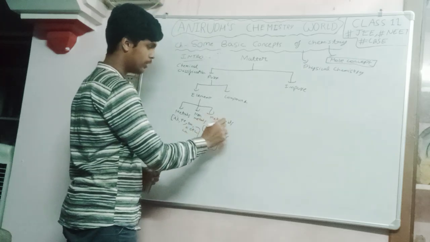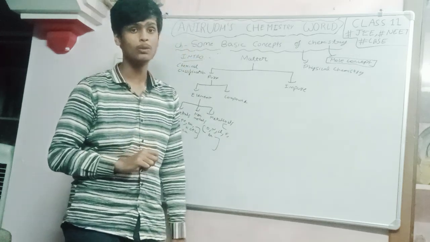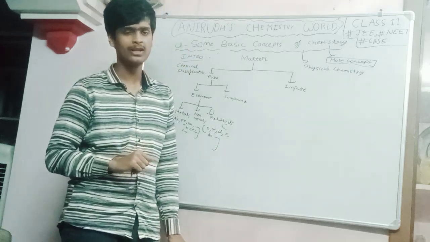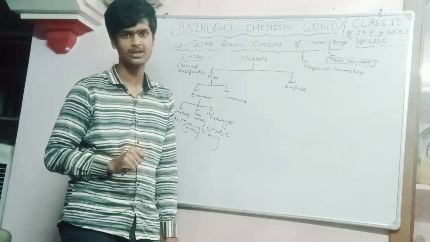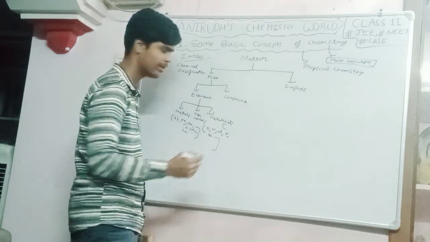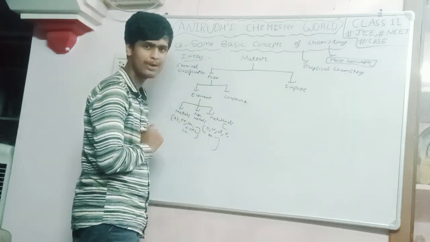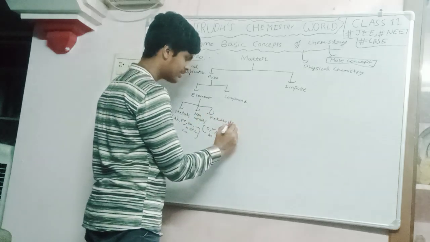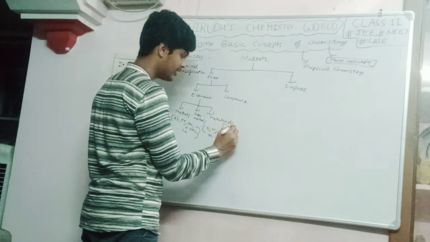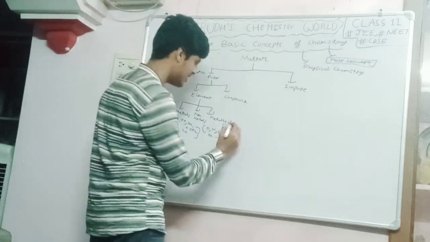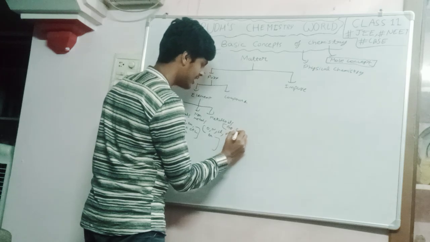Okay. Now metalloids. You might have heard about silicon and germanium semiconductors. These semiconductor elements which they use are nothing but metalloids. In metalloids we have examples: germanium, which is represented by Ge, G capital, e small, and silicon, Si.